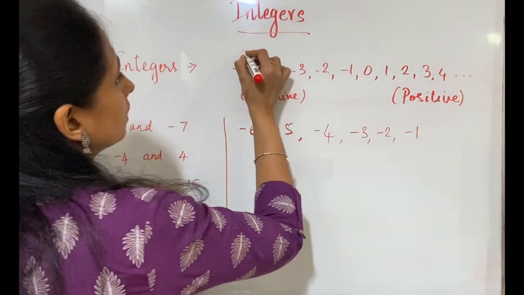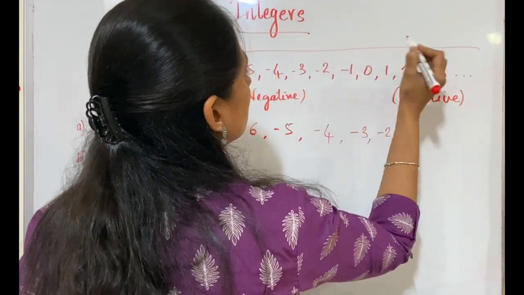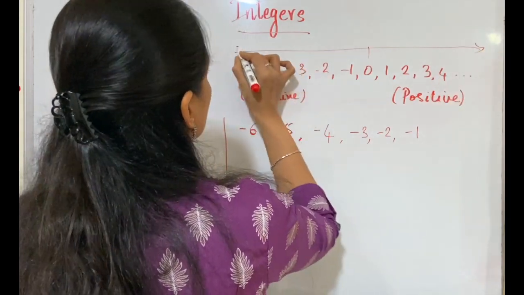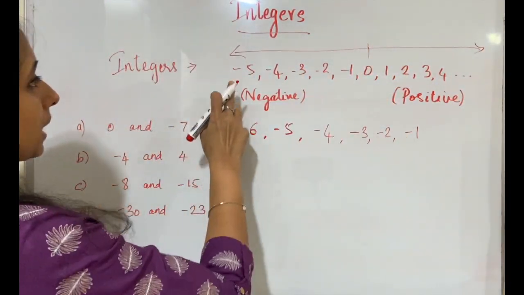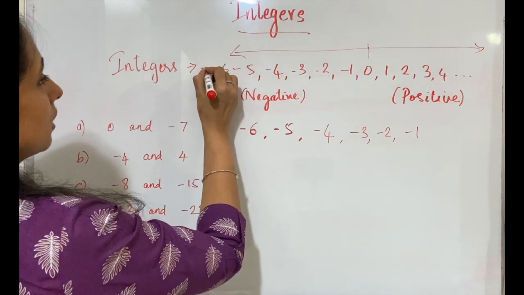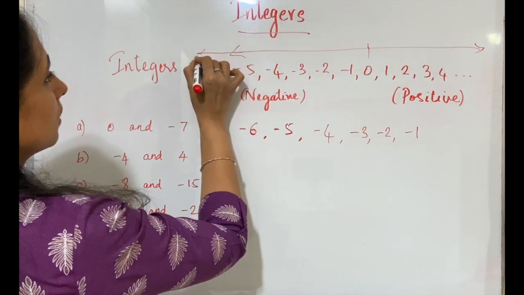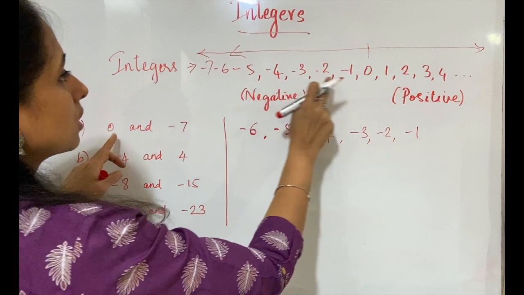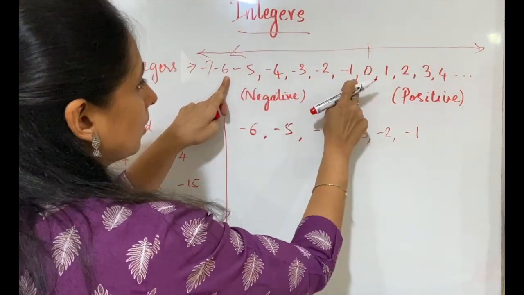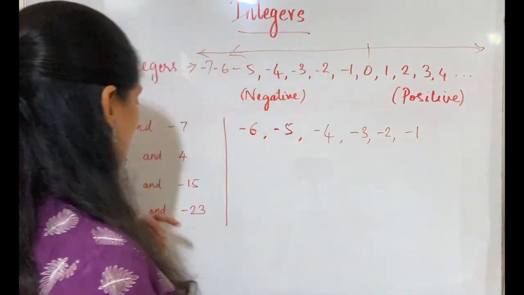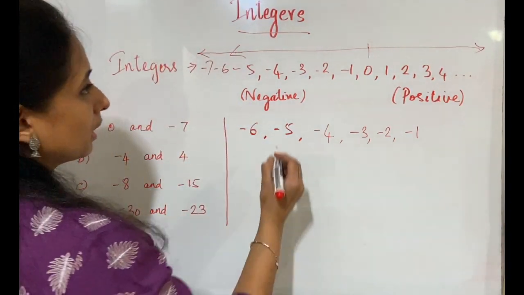Okay, so this is the number line, right? Like this. So if you are feeling confused, you can refer to this number line. So -7 will be here. From -7 to 0, I have written in between all these numbers. Okay. Now, -4 and +4.